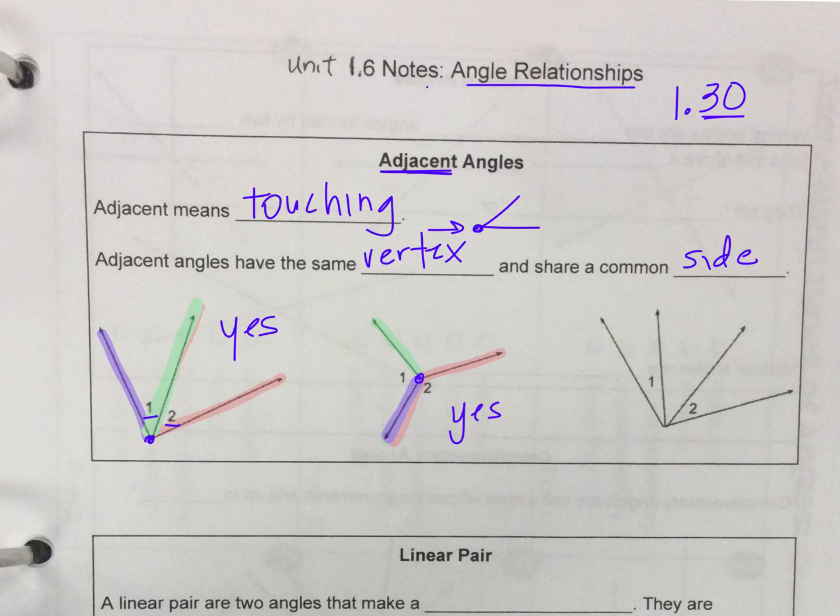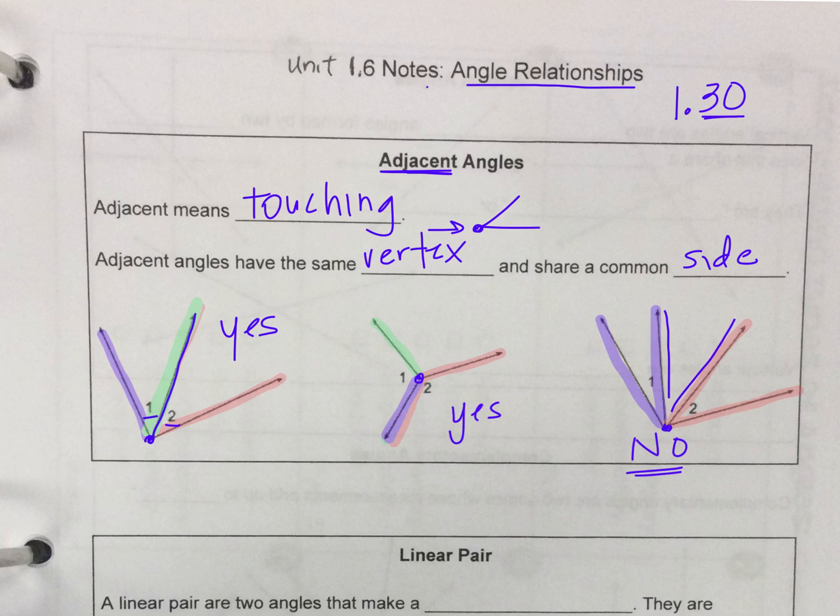The next one, I've got angle 1 right here, and I've got angle 2 over here. Well, they share a vertex, but these lines are not touching, so these are not adjacent. So adjacent means they're touching, they share a common line and a vertex.